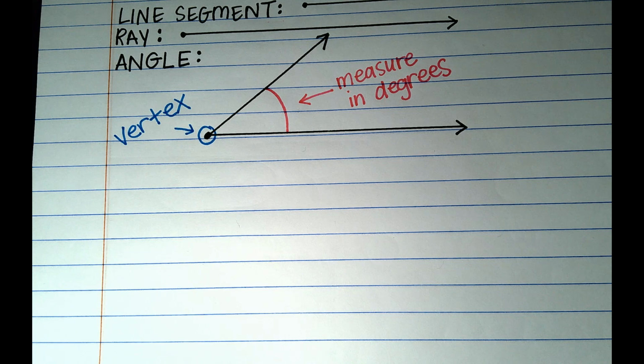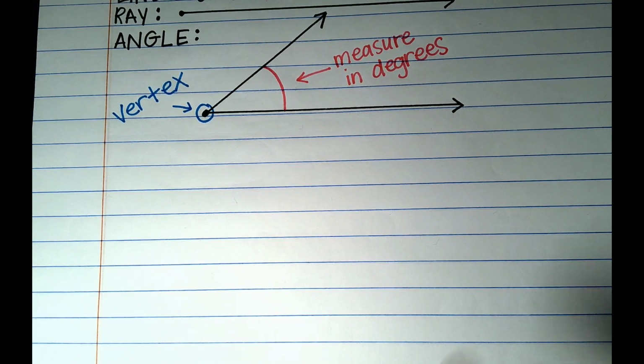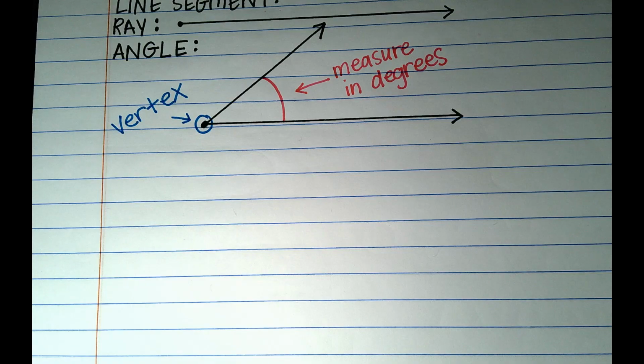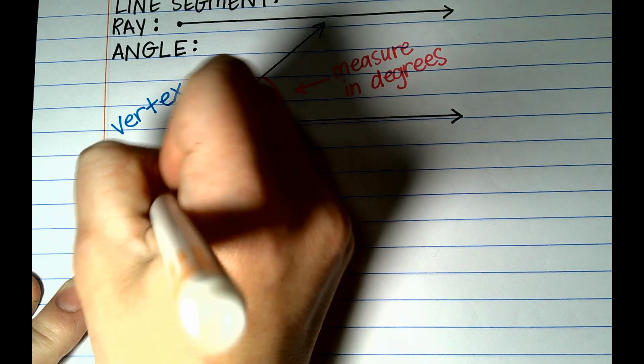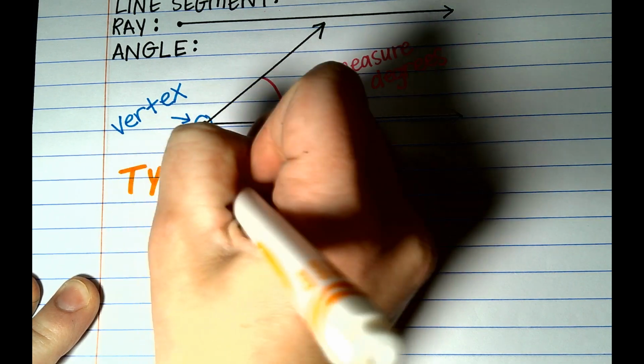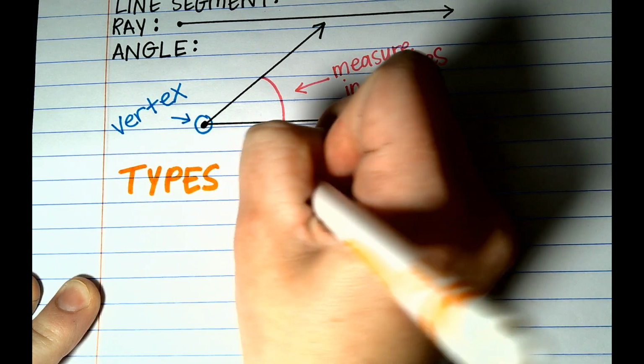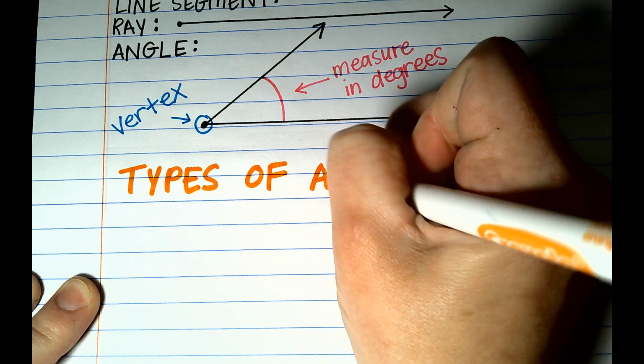And we'll talk about that whenever we get to actual two-dimensional shapes. We'll talk about the vertices and the sides and all of that. Very nice. Okay, so now I'm going to start a little bit of a section below that says types of angles.